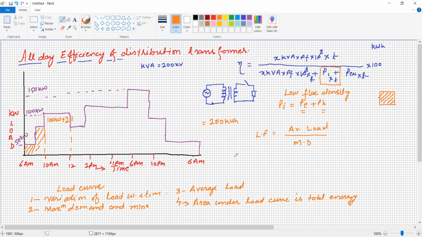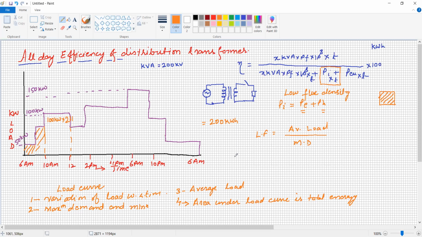So this is about the load curve of any transformer connected in the distribution network. This load curve is similar for a generator, power plant, and factory. Again, we can obtain the load curve for different applications.